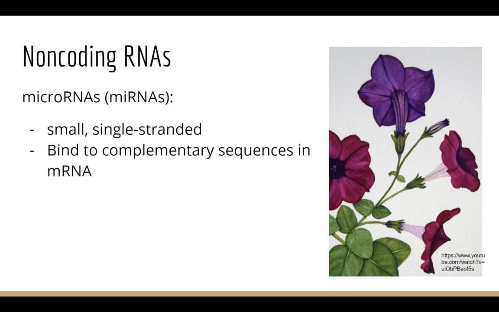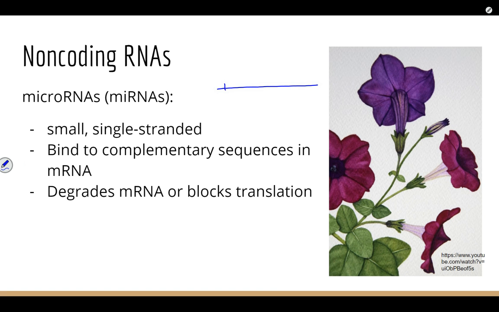But what they do is they go out into the cell and they bind to a messenger RNA on a complementary sequence. And because this microRNA has bonded there, the ribosome can't start translating that RNA because this other little bit is in the way. Does that kind of make sense? So if this is your messenger RNA with the sequence of bases here, and one of these microRNAs comes in, it might only be a few bases long.